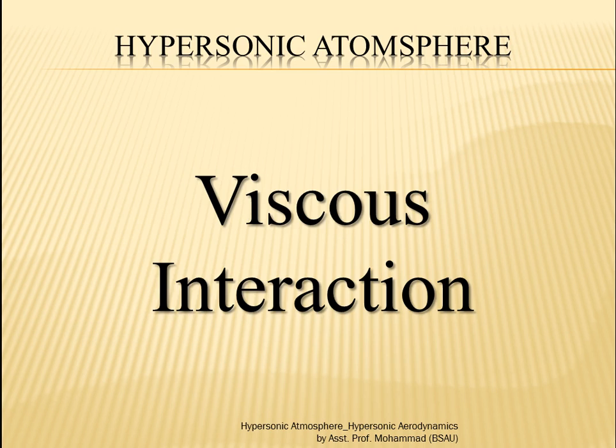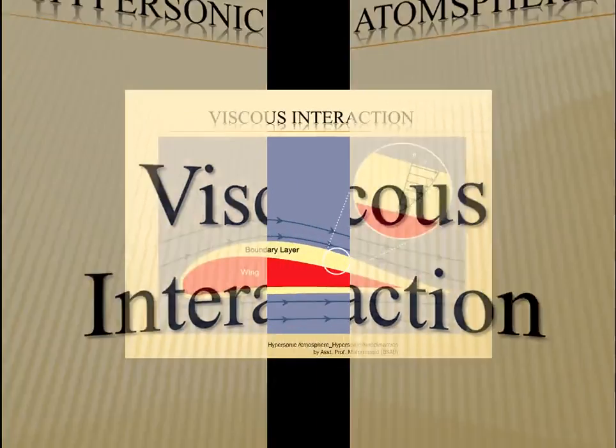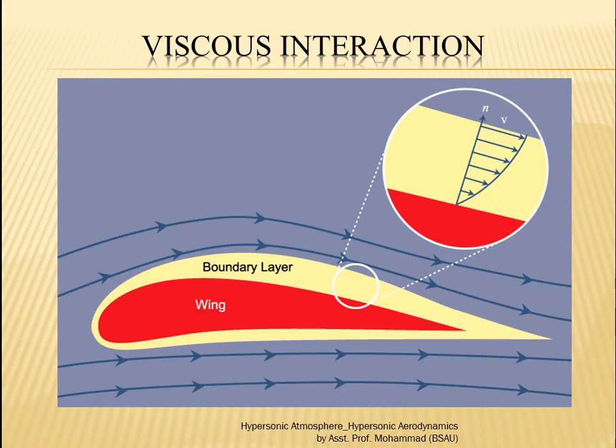So now let us discuss this. What is it actually? This is a typical situation when the boundary layer is formed on any solid body moving in air or any fluid. In this boundary layer we can see that there is a variation in the velocity because of the viscosity, and the no slip condition has to be fulfilled.